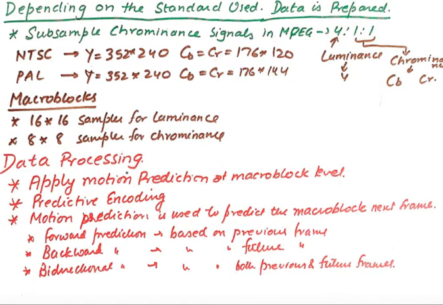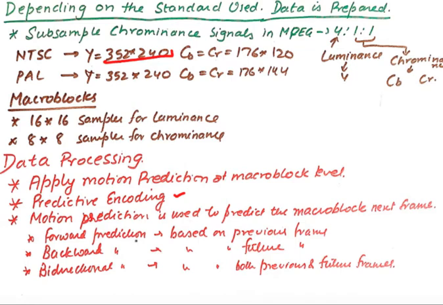Now when we talk about data processing, we apply the motion prediction at macro block level. As you see, if we divide this block into 16 by 16 samples, we'll have a number of macro blocks, and the data processing is applied at macro block level, and we apply predictive encoding, and motion prediction is used to predict the macro block in the next frame.